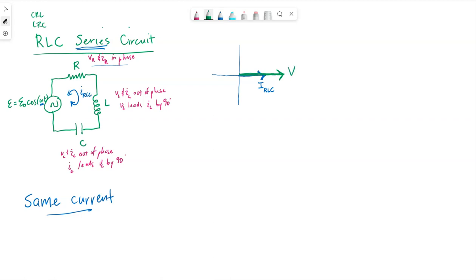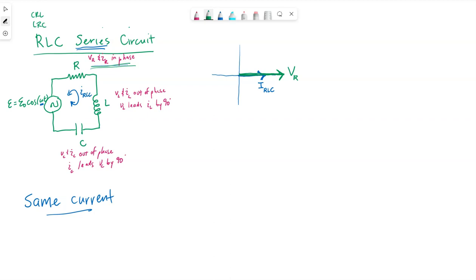This phasor I just drew now represents the maximum voltage drop across the resistor specifically. I know current and voltage are in phase when we have a resistor. So I RLC, this capital I, represents the maximum amount of current that will flow in the circuit.